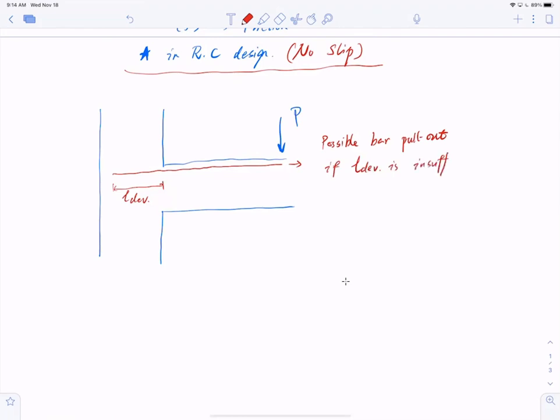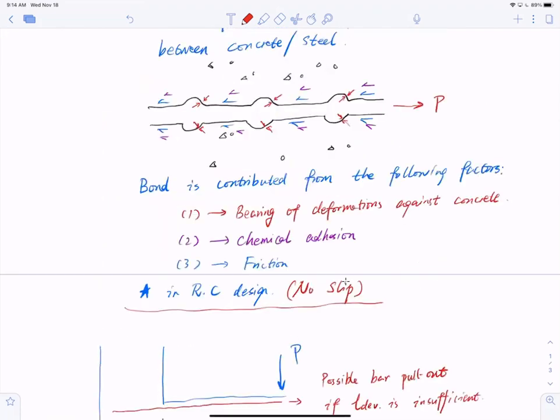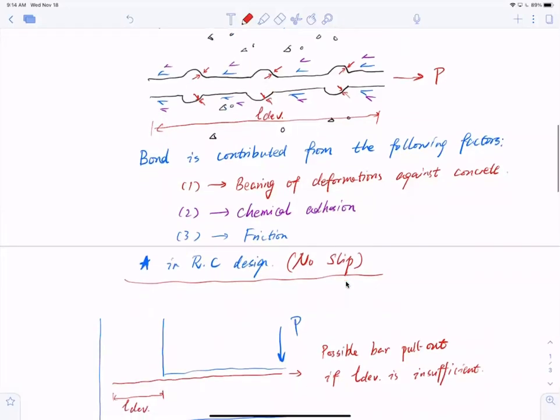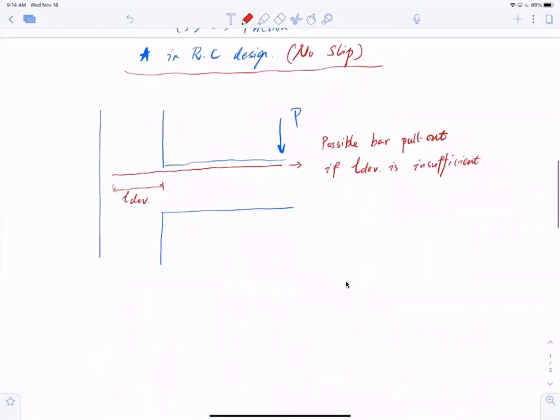If I don't have enough length to carry the growth of bond stresses, you can imagine from here going all the way in, as you go closer to the pulling force, I accumulate more stress along the interface. So if I don't have enough length, I may pull the bar out.